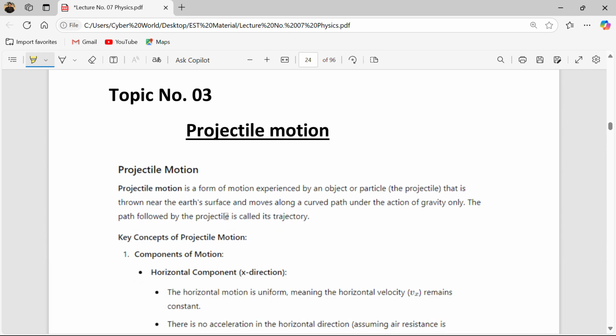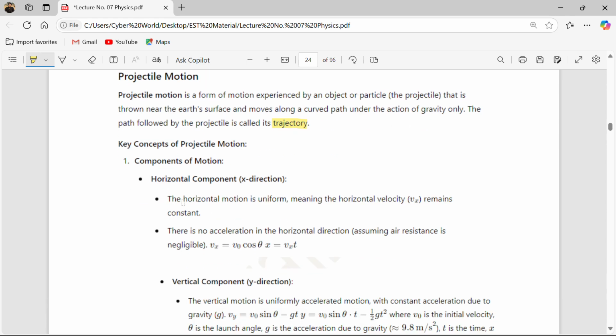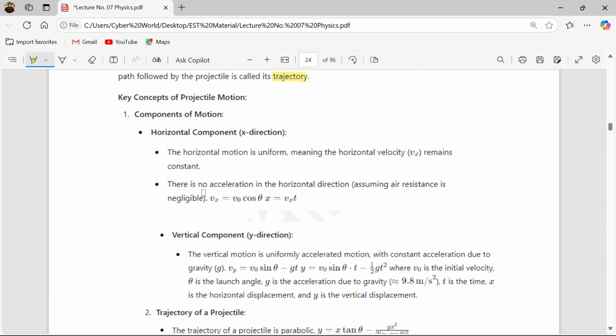Now move on to our next chapter, about projectile motion. Projectile motion is basically a motion in which a body follows a curved path under the action of gravity. The path followed by a projectile is called the trajectory. There are two components of motion: first the horizontal component, which is the x direction, and the vertical component, which is the y direction.